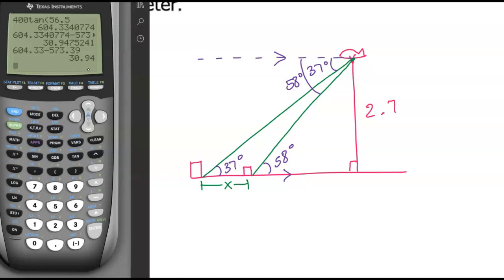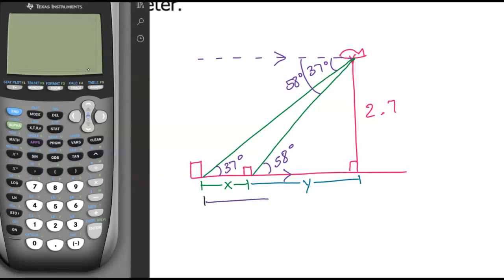Now, just like on the previous problem, the x value is not a full side of a right triangle. So what we actually have to do is solve for two triangles here. We have to solve for this smaller triangle's base. We'll call that y. And we also have to solve for the larger triangle's base. We'll call that z. Let me use a different color, let me use purple, so that I can show you, in case you can't visualize it, the two triangles.